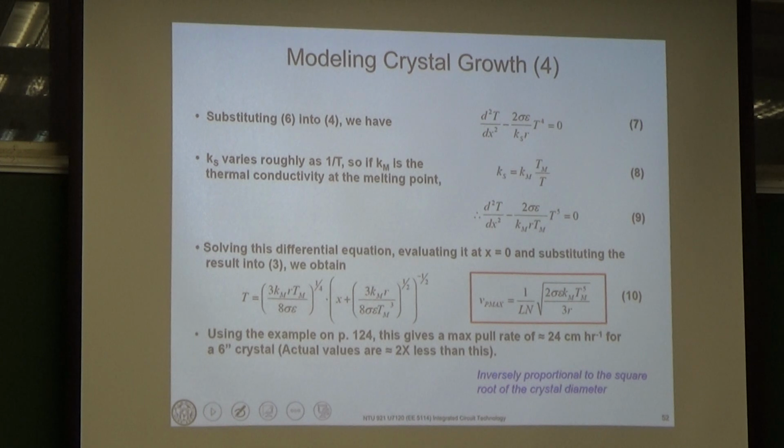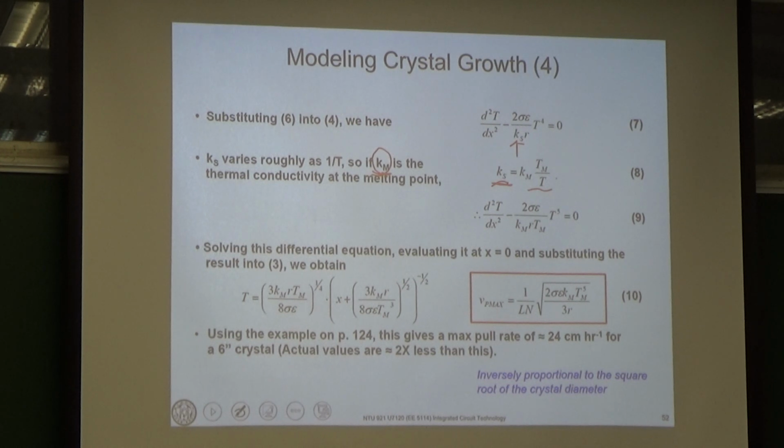Now again we do some approximation that your Ks is roughly inversely proportional to your T. So we can relate this Ks with this Km, which means the thermal conductivity at the melting point. But once you reduce the temperature, you increase your conductivity.